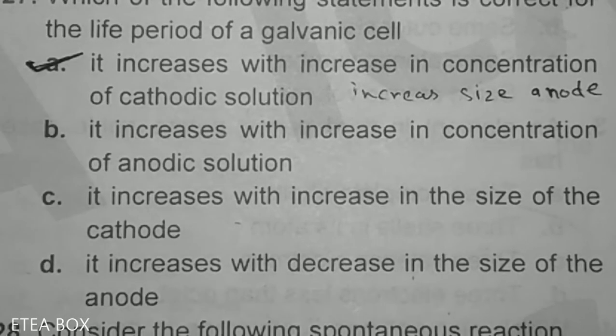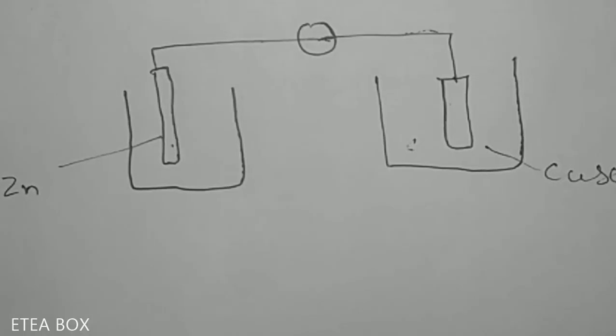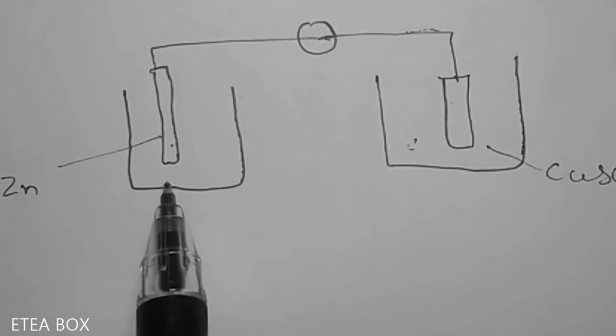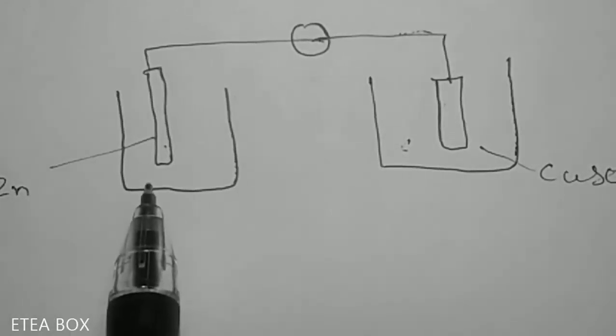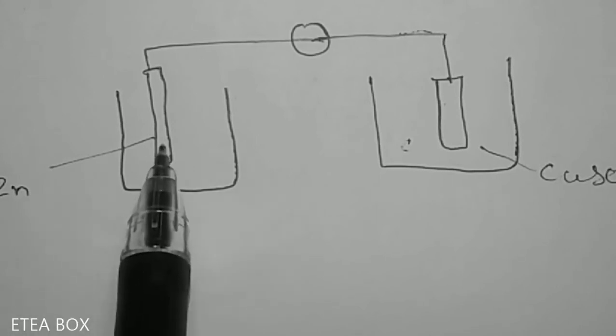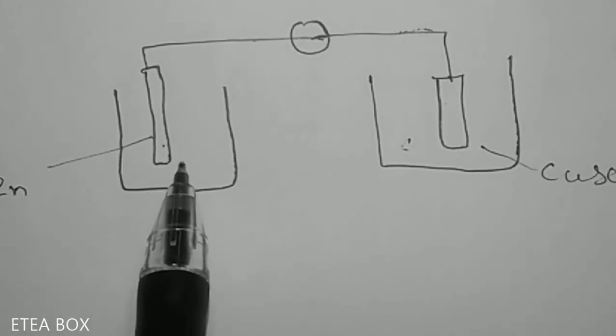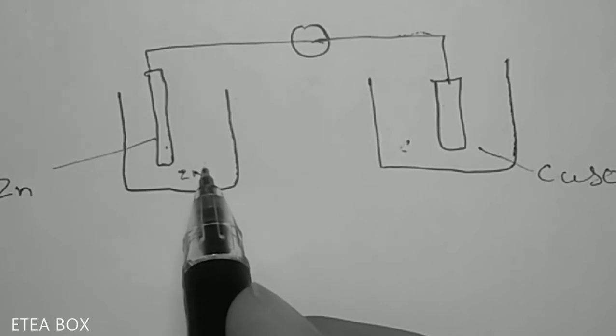Now look at how it will happen. In a galvanic cell we know that zinc is the anode and copper is the cathode. Zinc loses 2 electrons and comes into the solution in the form of Zn+2 ion.